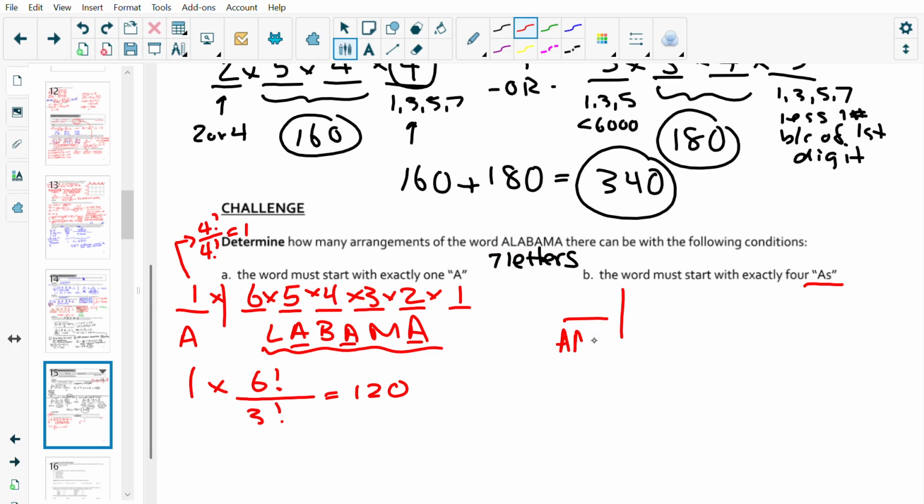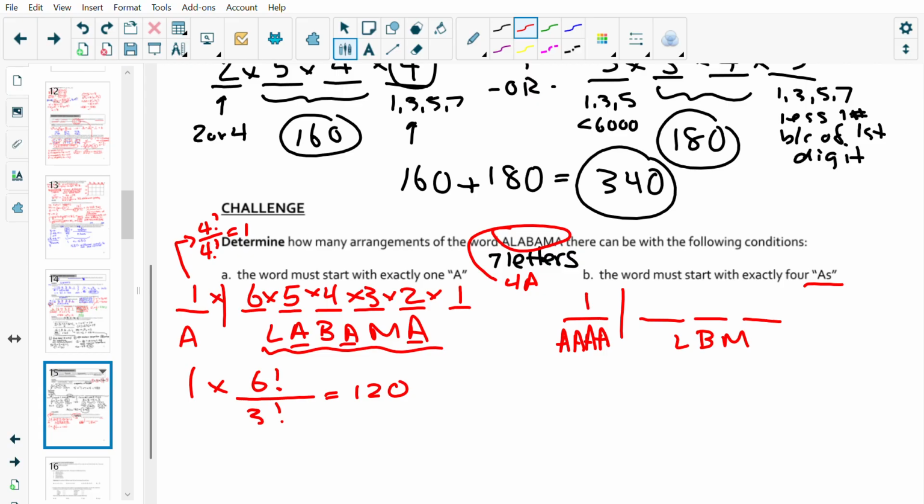Must start with exactly 4 A's. And L, B, M is all that you're left with after you take out the A's. How many ways to choose 4 A's?